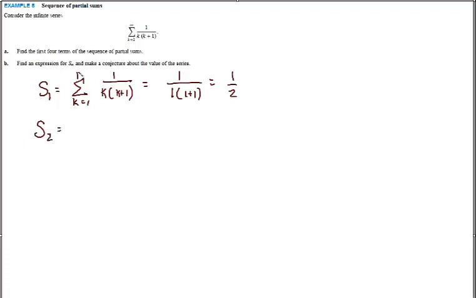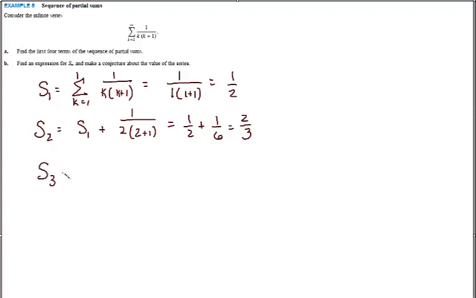S of 2 is just going to have a 2 up here, so what I will then have is S1 plus the next one, which would be 1 over 2 times 2 plus 1, and so this would be 1/2 plus 1/6, and adding those I would get 2/3.